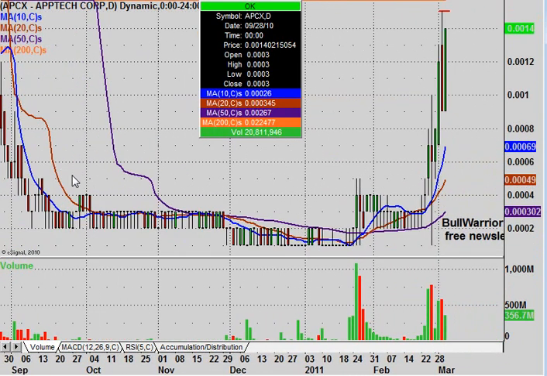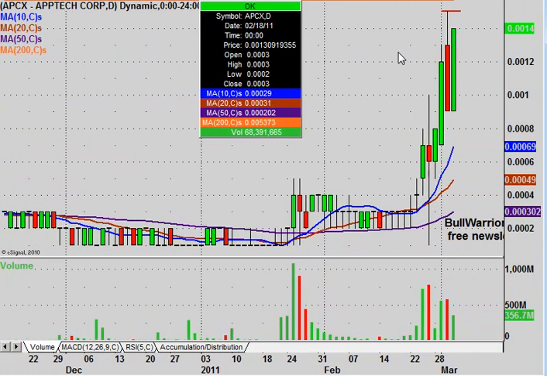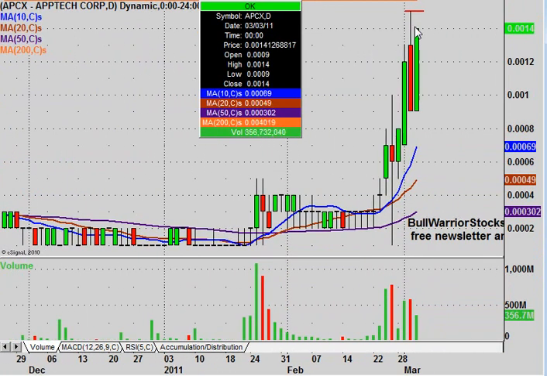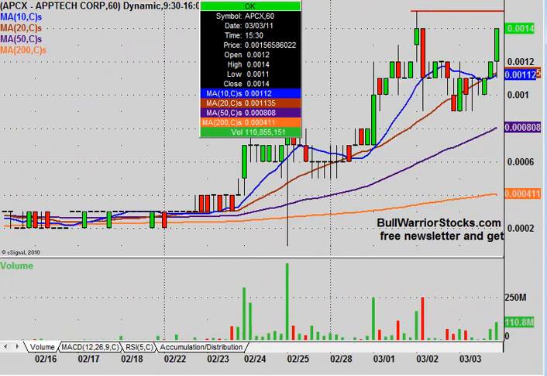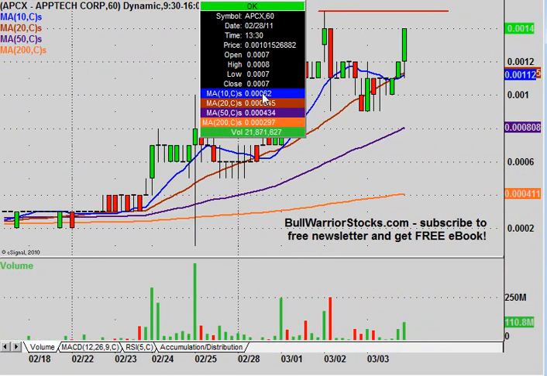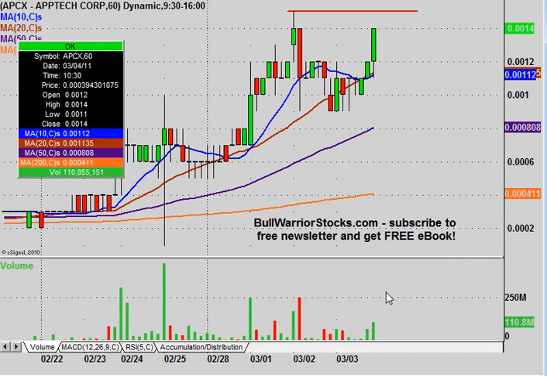For argument's sake, I'm just going to say that if the price can break through here, it's going to once again be into blue skies. So that is where the chart currently stands, and this is the daily chart. So going back to the 60-minute here, keep your eye on this, and after the 0.0015 level, we'll be into blue skies for the bulls. So we'll see if this momentum carries into tomorrow and next week.